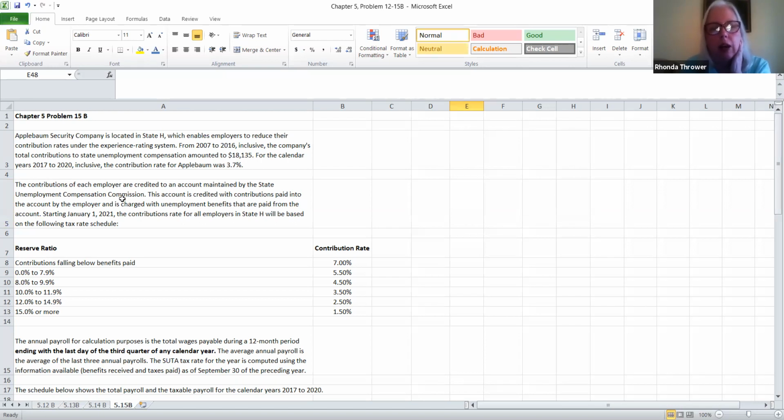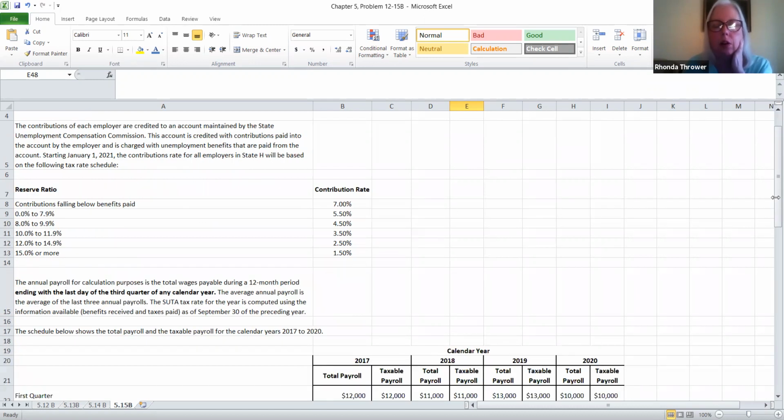So this is an account that the state unemployment officer keeps up with, so that you can determine the amount of your tax rate for your company. And this is the table that they use, showing you, if you know what your reserve ratio is, then what you're going to have to contribute as far as SUTA taxes are concerned to the state government.